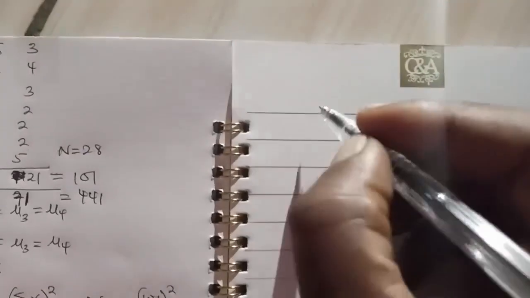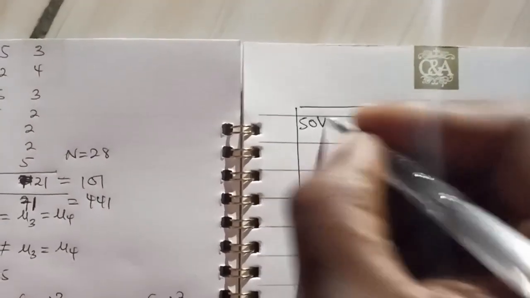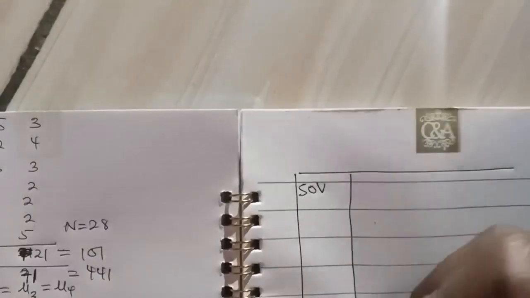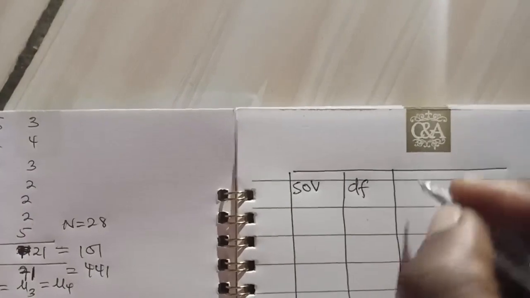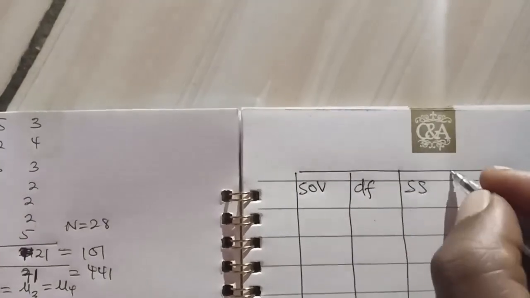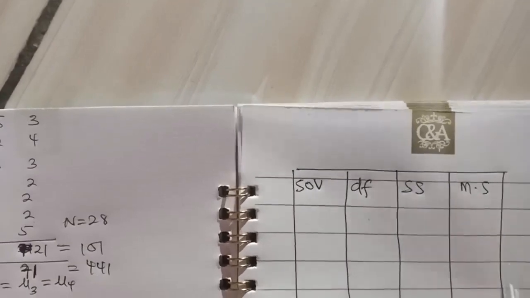So if we sketch the ANOVA table, we have source of variation, degree of freedom, then we can have a sum of squared, then mean squared, and we can now have our F ratio.